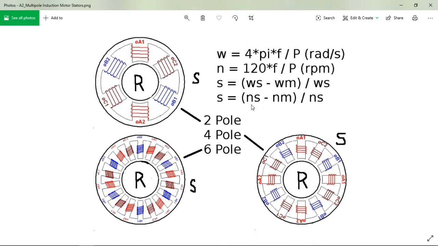In terms of RPM, it'd be the RPMs of the synchronous speed minus the RPMs of the motor shaft, divided by the synchronous speed in RPM. Here I'm using R for rotor and S for stator, so this is stator, and that's not the slip here. So that's the basis of slip: remember the rotor's always going slightly slower than the magnetic field that's pulling it.